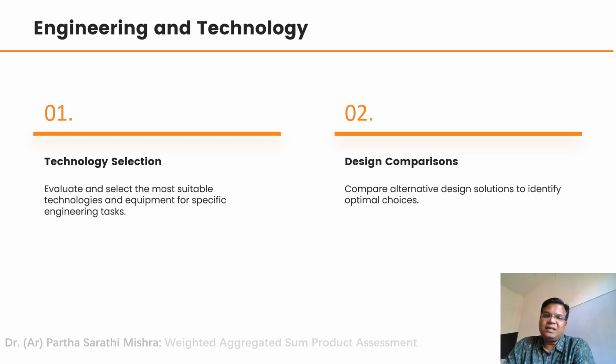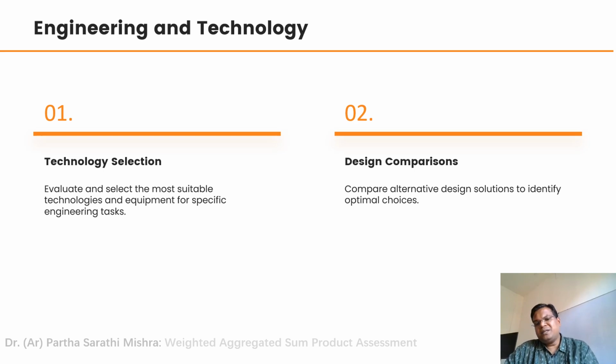Next is design comparisons. Compare alternative design solutions to identify optimal choices on the basis of different variables. For example, in architectural design we are not only dealing with the aesthetic part, we are also dealing with the functional part, climatic part, material part, form, functions. So many things are there.